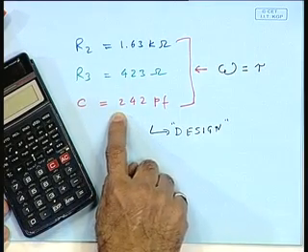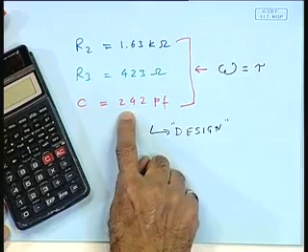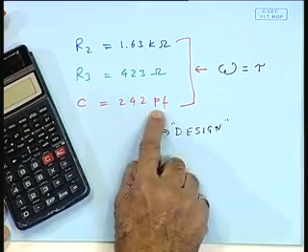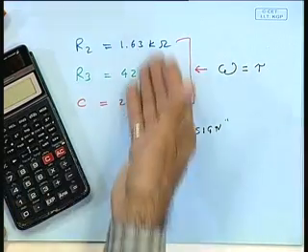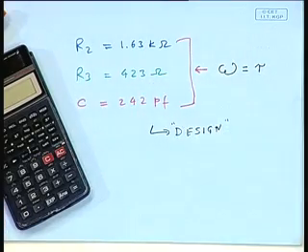In the catalog, I cannot find a capacitor that has the value of 242 picofarad. I just can't find it. These are not standard parts. And that means I'll not be able to meet this target. So I've done this design on paper, but I'm not able to realize that in real life.